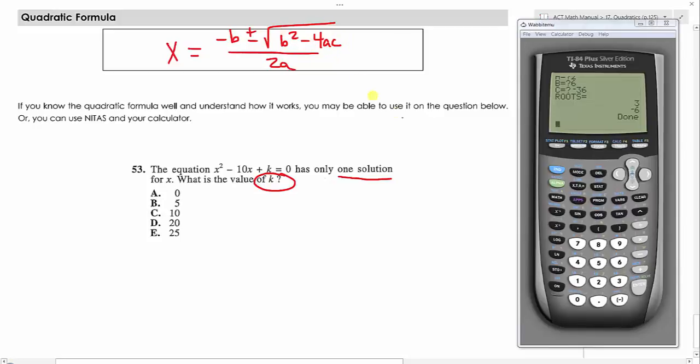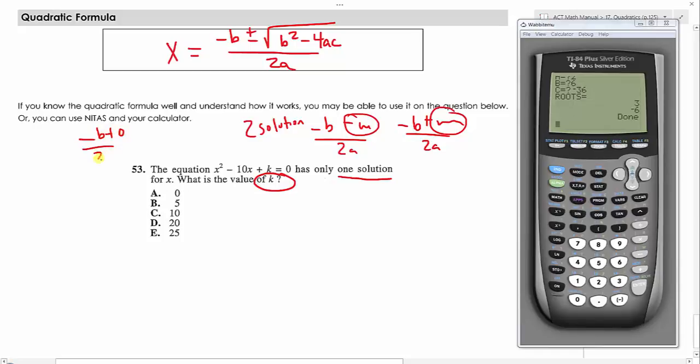Because if that part weren't 0, we would have -b plus some value over 2a, and -b minus some value over 2a, and we would have two solutions. We would have two solutions if that stuff inside the square root is not 0. But if the stuff inside the square root is 0, we would have -b plus 0 over 2a, and -b minus 0 over 2a. Well, remember, these two guys go away, and we're just left with -b over 2a, and that's the same solution.